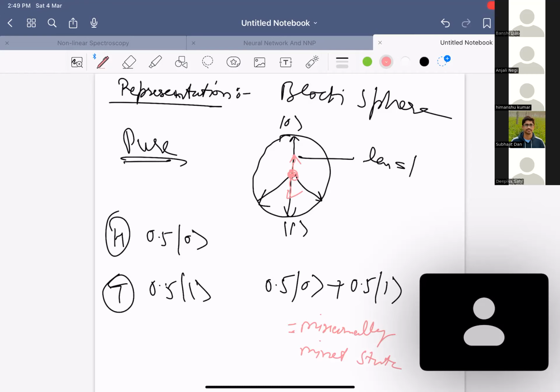Suppose here it is the X state, and if it is mixed, the ensemble average of the 0 and X states, then the resultant vector can be 0.5 times the 0 state, and the probability of finding it in the X state is suppose 0.5, same, then it will be 0.5 into the 0 state plus 0.5 into the X state, and the resultant vector can be like this.